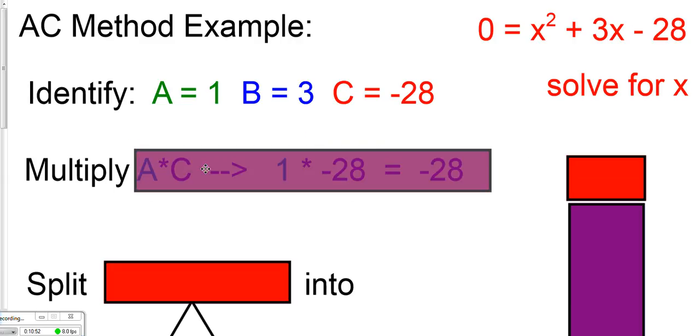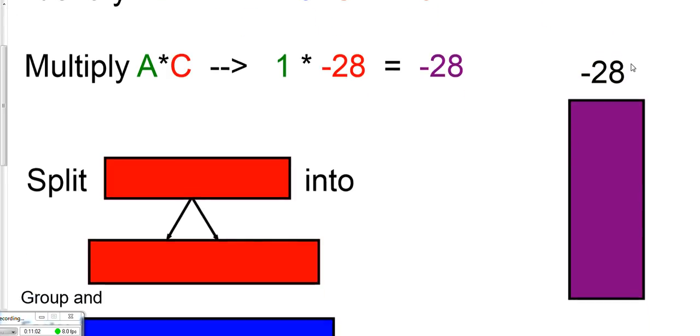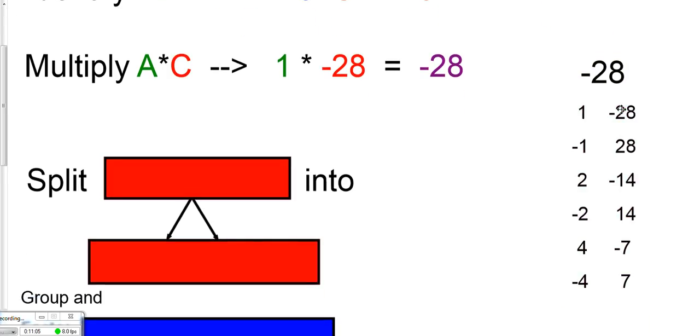So, first step, we multiply a times c, which is 1 times negative 28, and we get negative 28. Next thing I need to do is think of that number, negative 28, and ask myself, what are all the factors? So 1 and negative 28, negative 1 and positive 28, 2 and negative 14, negative 2 and positive 14, 4 and negative 7, or negative 4 and positive 7. Right? These are all the pairs that would multiply to make negative 28.